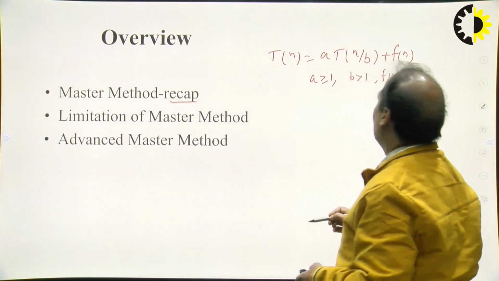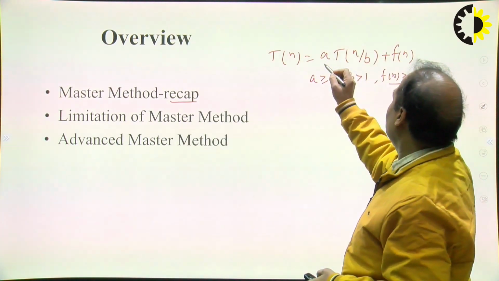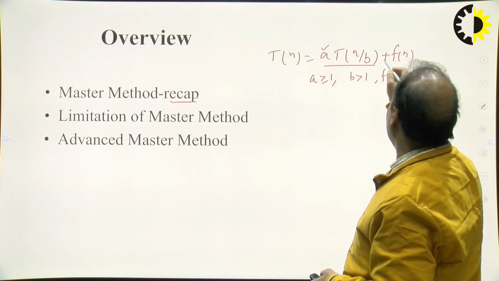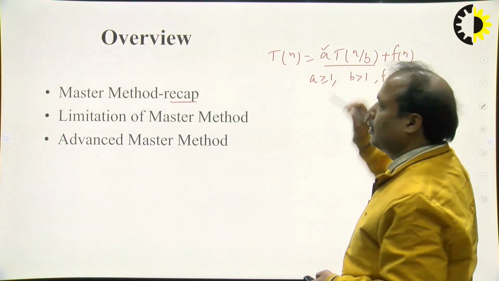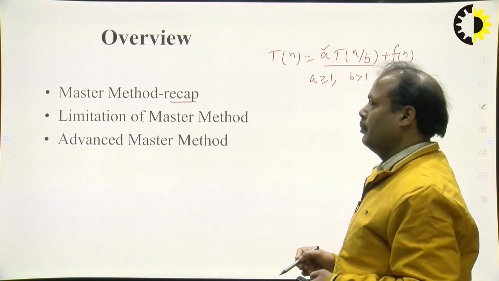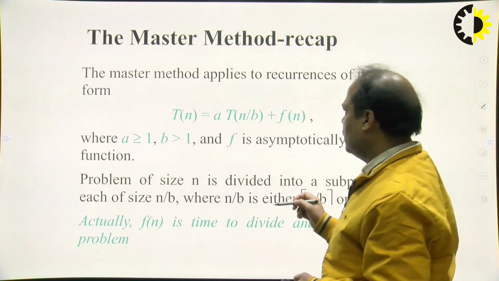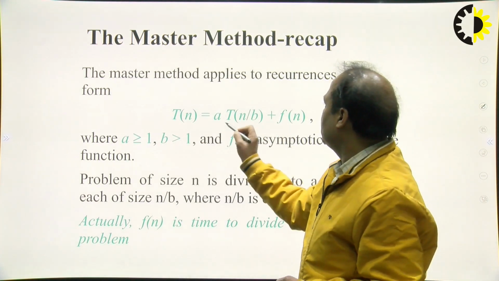The problem is divided into a parts, each of size n/b, and f(n) is the time to combine the solutions. So this is how it is written: T(n) = aT(n/b) + f(n).